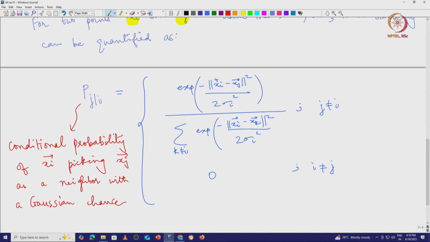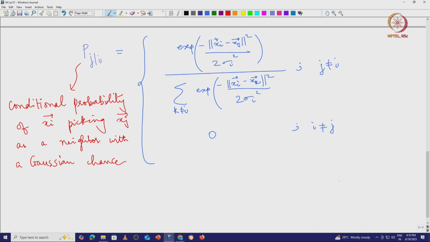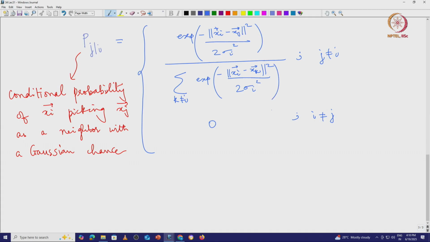So that is the meaning of this, and then the probability of i picking j and j picking i, they should be the same, and we should normalize this. So we write that as Pij equals Pji, so that is Pj given i plus Pi given j divided by 2n, right. So we have normalized this by the number of data points.